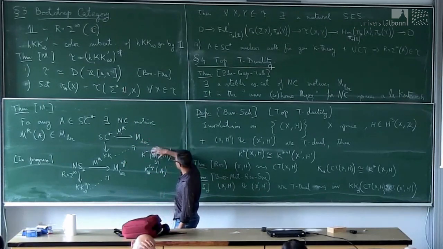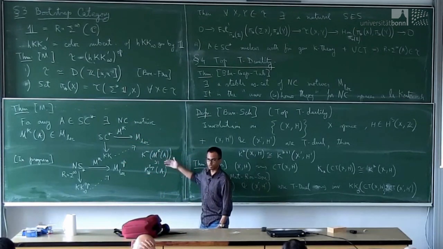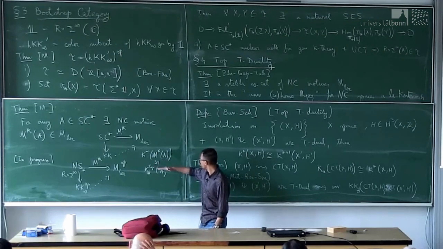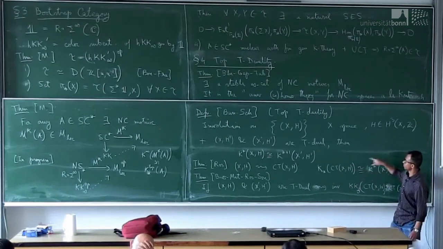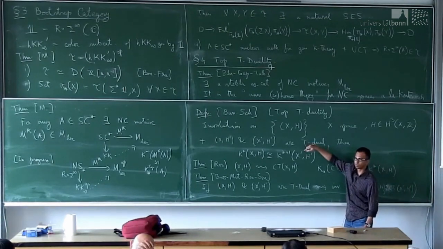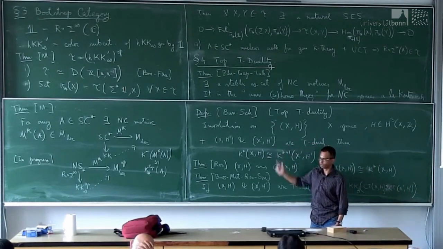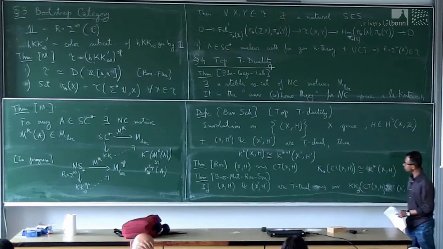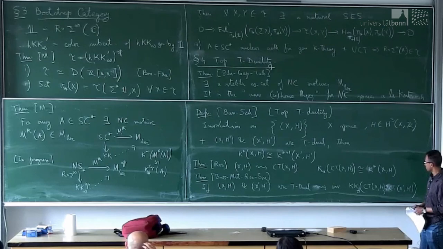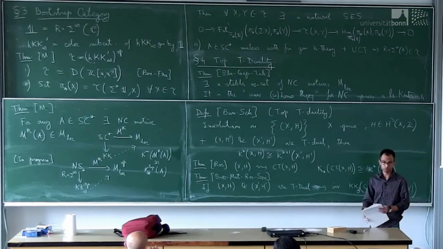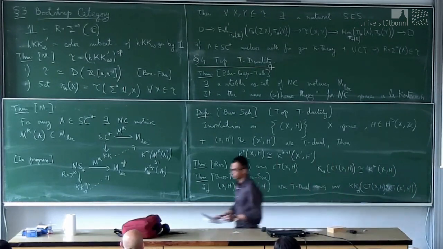Then you apply K-theory, you get an isomorphism at the level of K-theories. And these two, by Rosenberg's theorem, give the twisted K-theory isomorphism that you would expect if two pairs were T-dual. So I would like to summarize it by a catchphrase: topological T-duality is really a statement about isomorphisms of non-commutative motives. Okay, thank you very much for your attention.